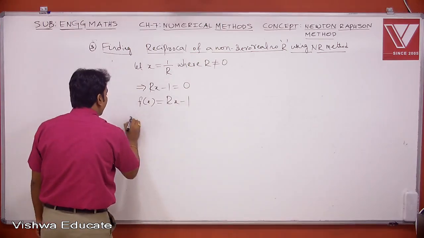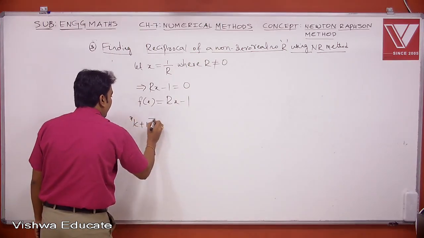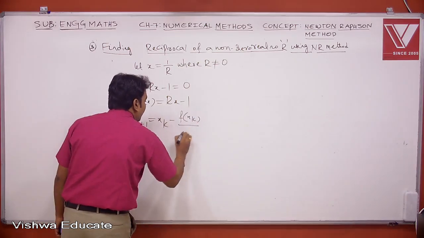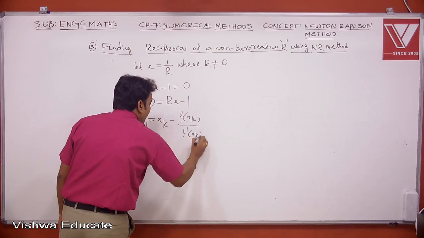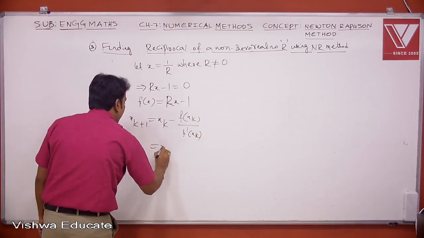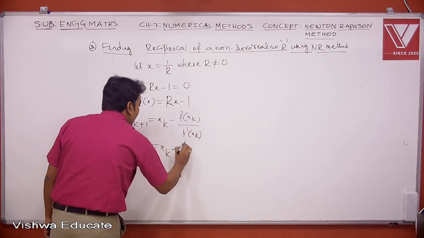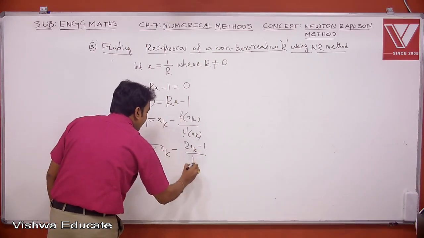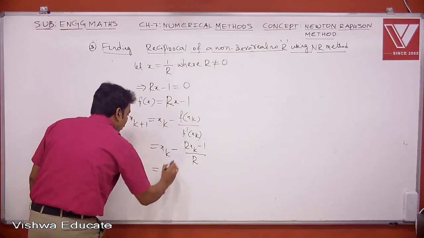Now let us solve this equation. Here xk plus 1 equal to xk minus f of xk divided by f dash of xk. Here my f of xk is r xk minus 1. So this is xk minus r into xk minus 1 divided by its derivative, which is r. So cross multiply this.